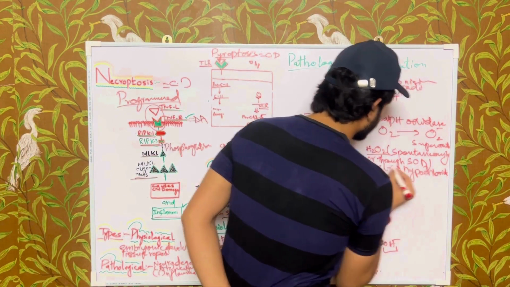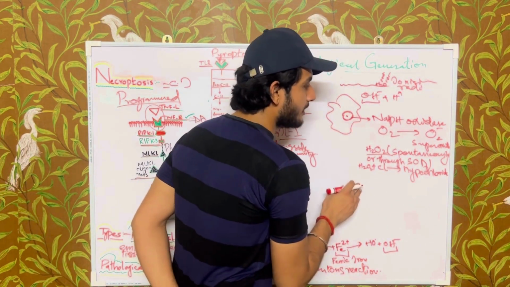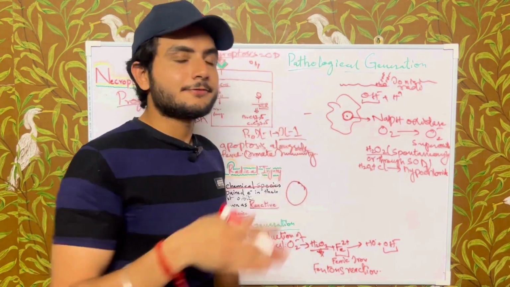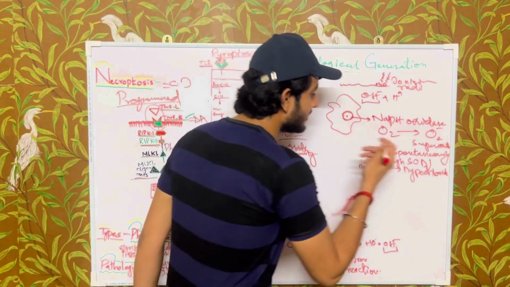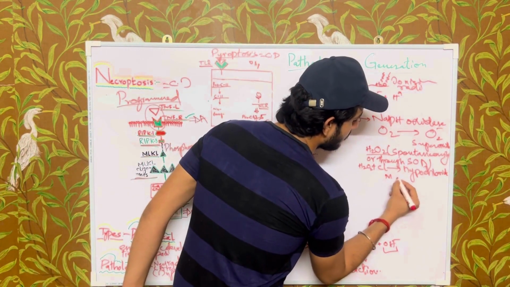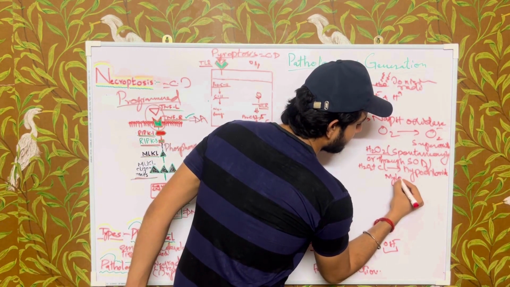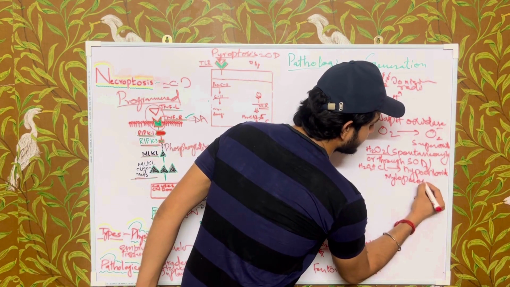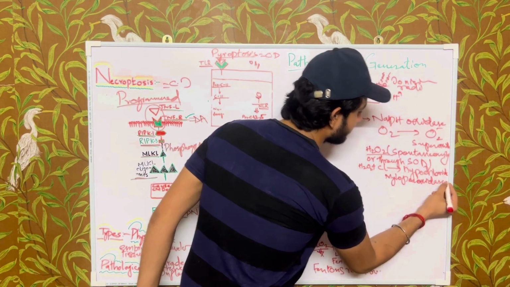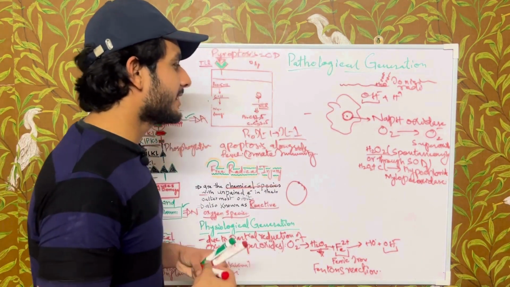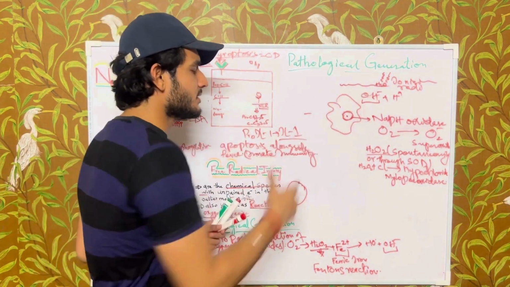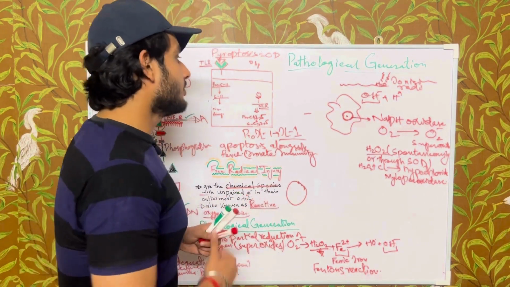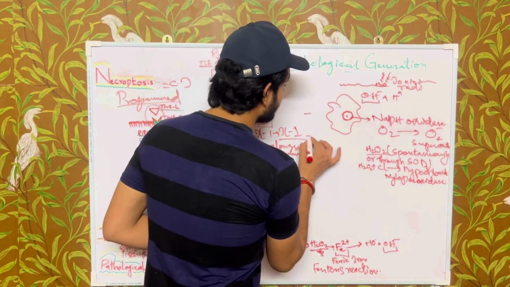The reaction through which hypochlorite is formed is catalyzed by the enzyme known as myeloperoxidase. This was the second example through which free radicals are generated pathologically. Now let's move to the next example.